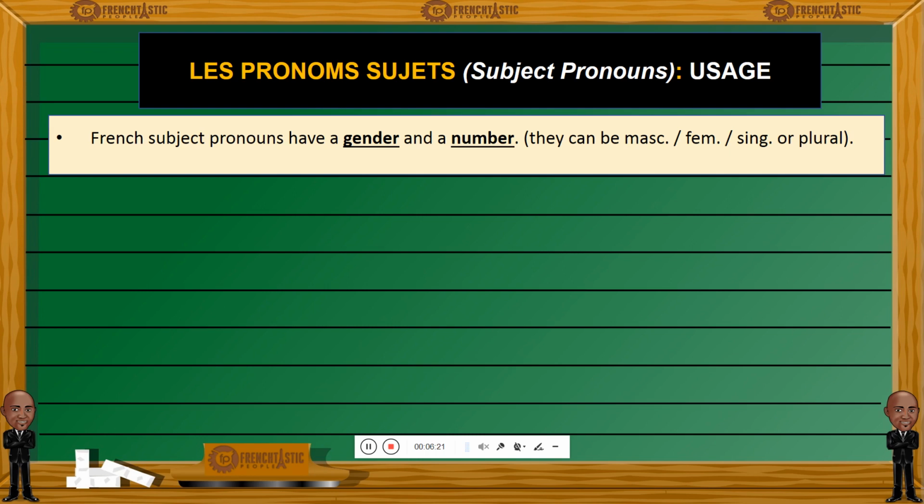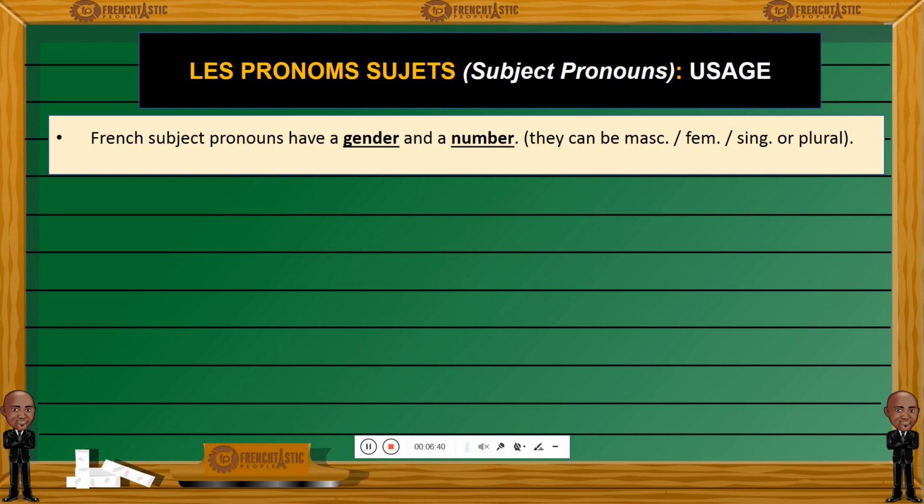In French, you do have to always remember that whatever word you use may be feminine or masculine, singular or plural. So subject pronouns as well will have a gender and a number.